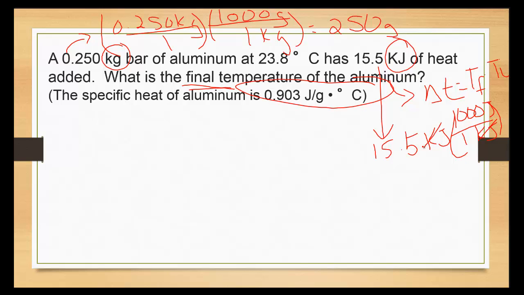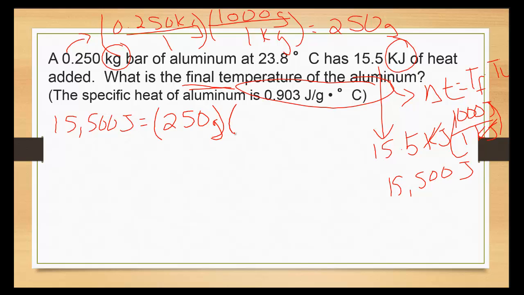So that becomes 15,500 joules. Now we can plug this into the equation. We're looking for delta T. That comes out to be 68.6 for a delta T.